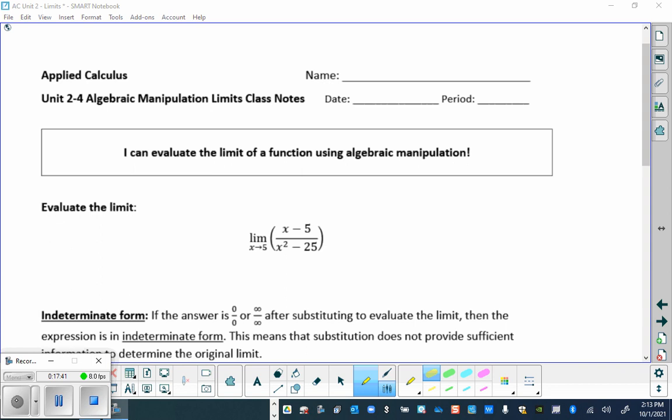So the algebra is quicker, faster, easier, and it's what we need to be able to do. So the number one rule of calculating limits is always going to be to substitute and simplify.